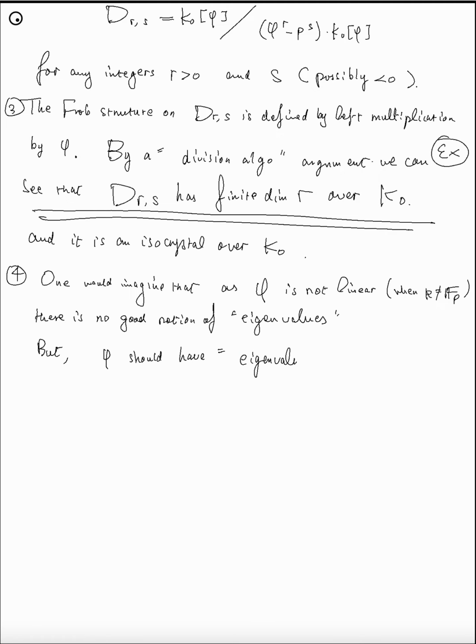Eigenvalues on D r s that are some constant c, or let's say some integer n times p to the power r s over r. At this moment, this is not at all clear.